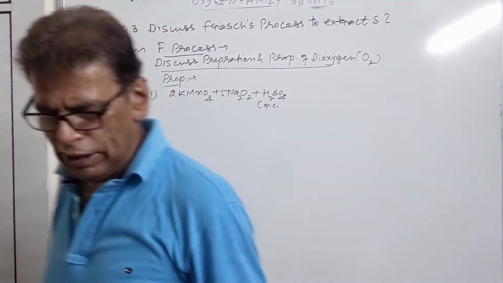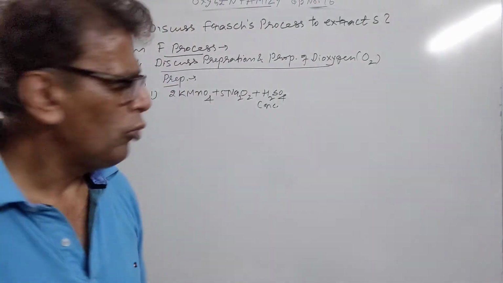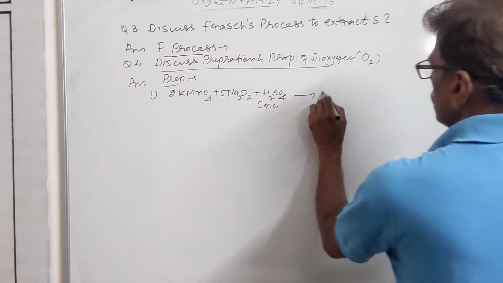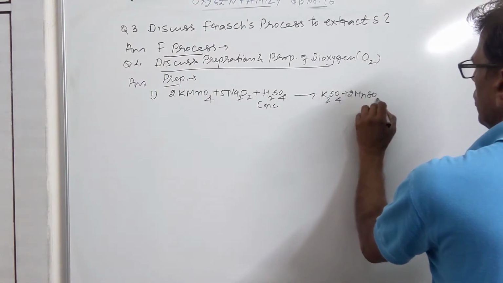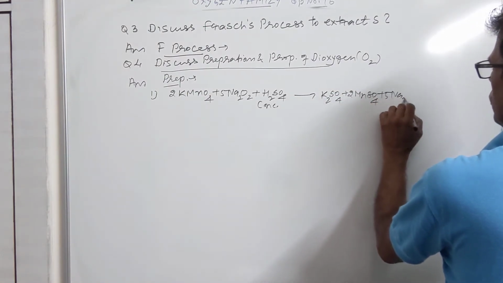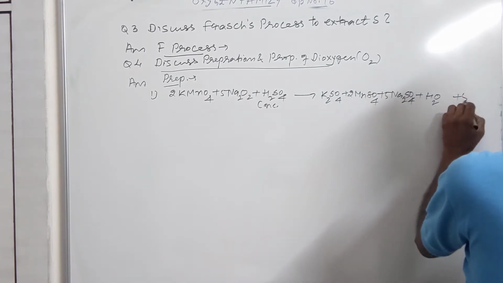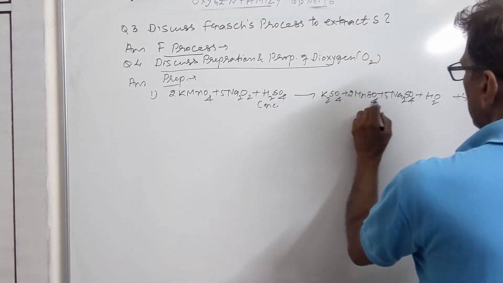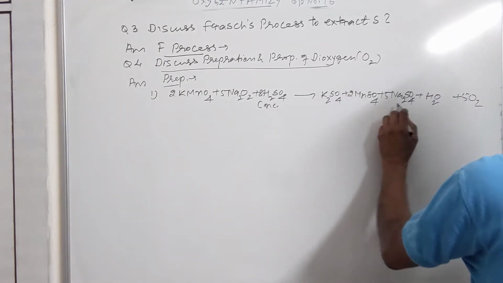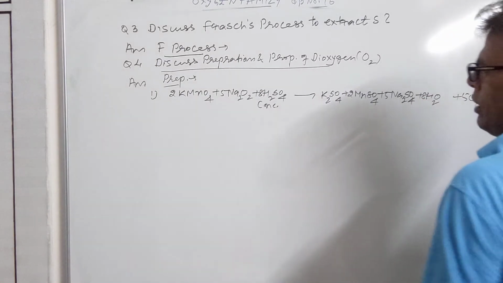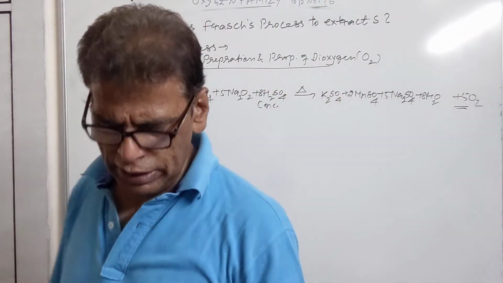When it is heated, we will get K2SO4, 2MnSO4, 5 Na2SO4, and oxygen along with water. 5 O2 is obtained, and we will be producing 8 water here. So this is our required product which we needed, that is oxygen.